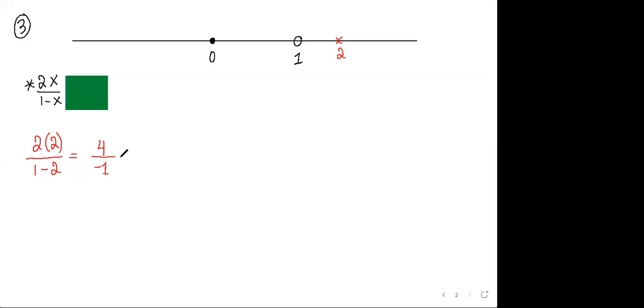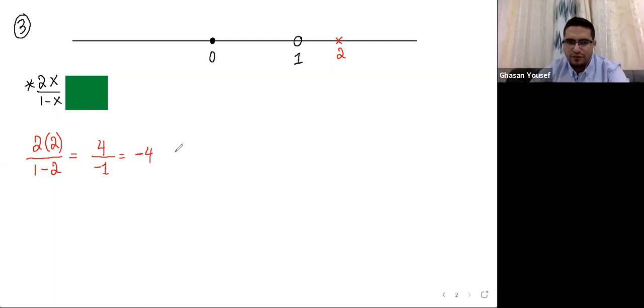So 4 over minus 1 is negative 4. What is the sign for the negative 4? Negative. So here we check the 2, and for the 2 I get sign negative. So all these numbers here should be negative like this.